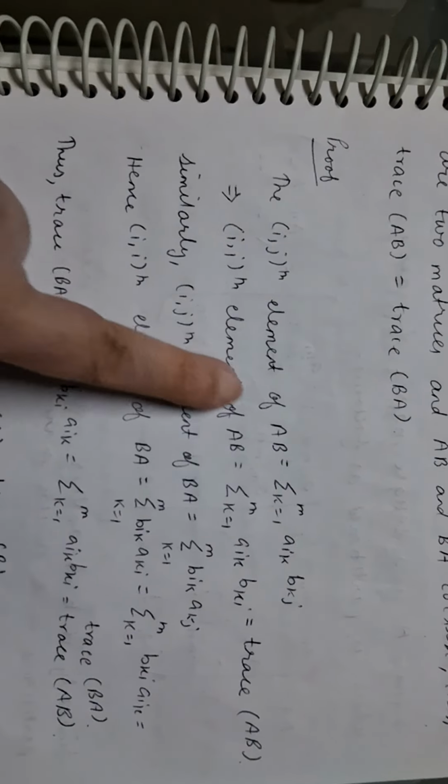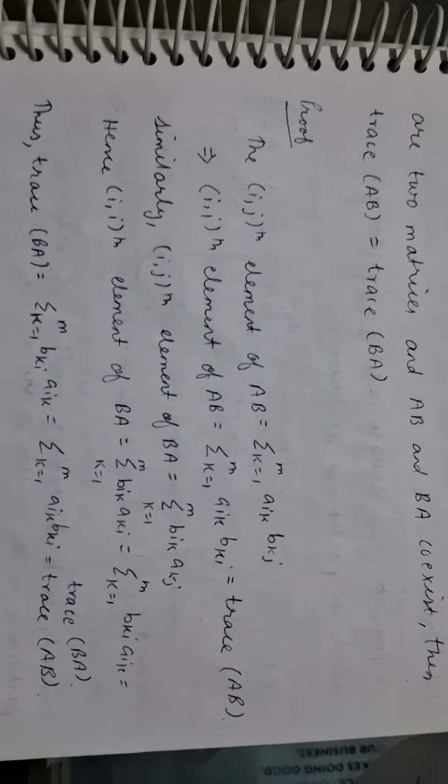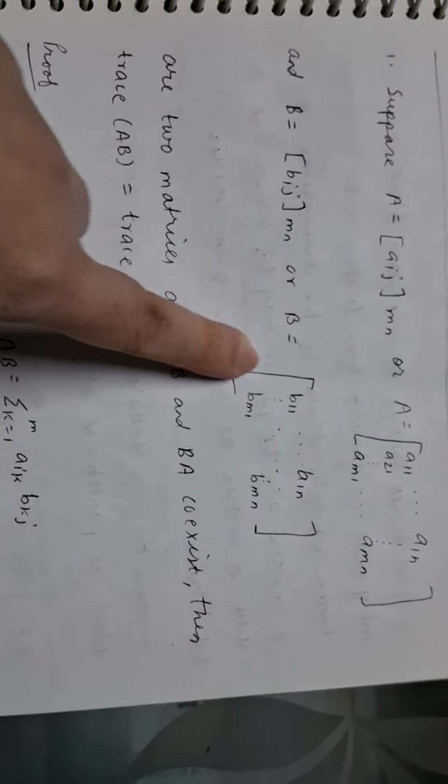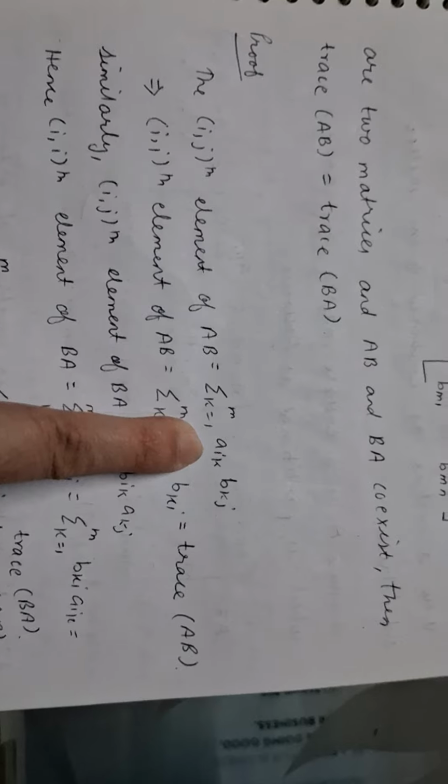So the proof can be seen over here that the ijth element of AB will be, supposing we have to take a summation of it, k varies from 1 to m, that is from this row till this row. This is the summation we are taking. So this is the ith row.